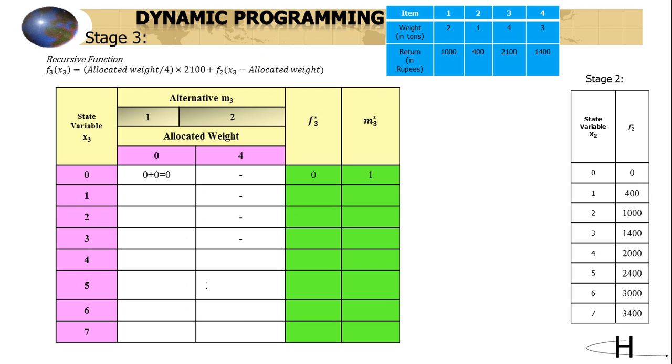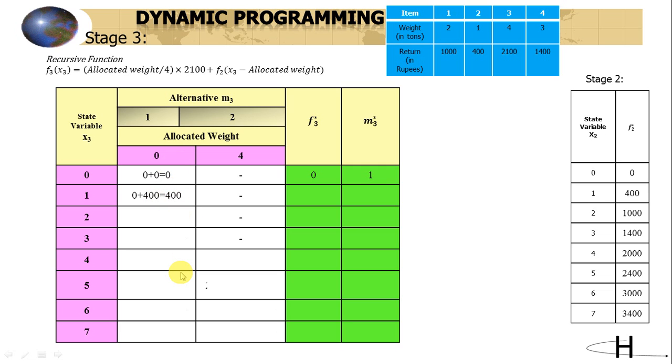Now when x3 equal to 1 and we allocate 0, the value of the recursive function will be 400.